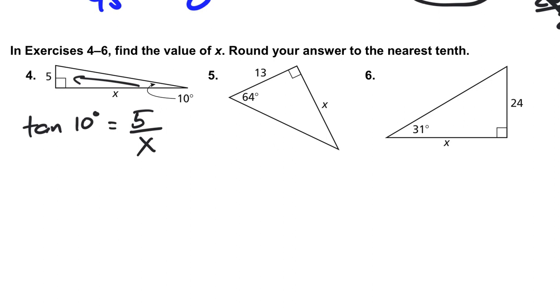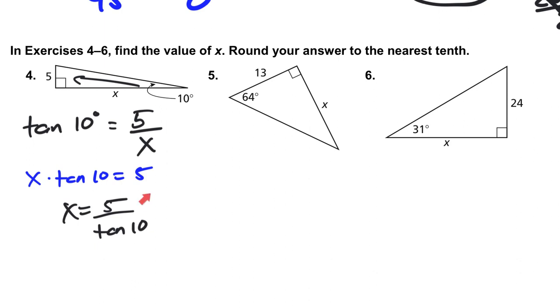If you go old school algebra, multiply both sides by x, I'm going to get x times the tangent of 10 equals 5. Divide by that tangent of 10, I'm going to get x equals 5 divided by the tangent of 10. A little shortcut, when x is in the denominator, just swap the two. It works. This is what you're going to put in the calculator. Now, the problem with the calculator is you have to go to the mode. So go to mode in your calculator and make sure you are in what's called degrees.